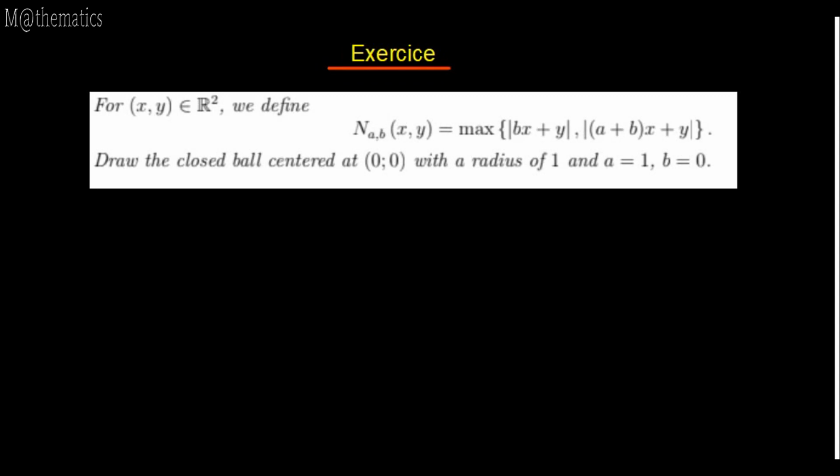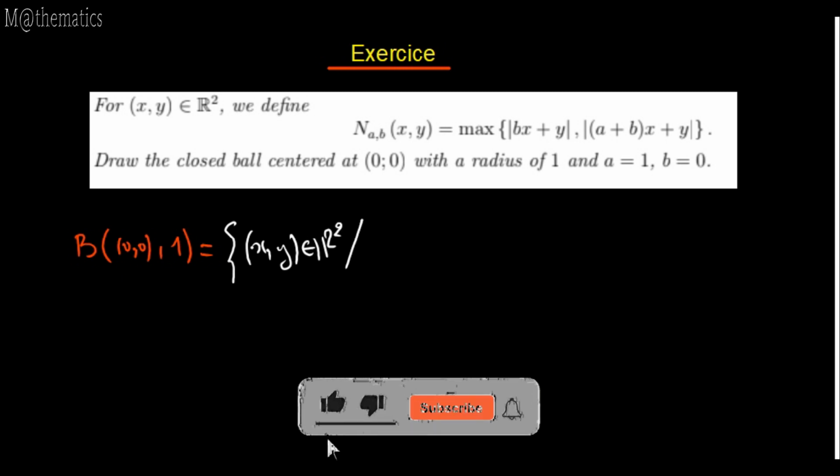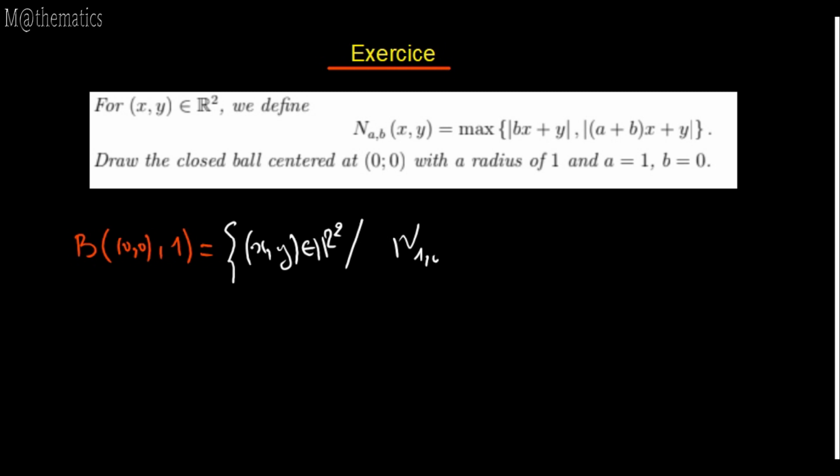Then I can immediately write that the ball of center (0, 0) and radius equal to 1 is the set of (x, y) in R² such that the norm with a equal to 1 and b equal to 0 of (x, y) is less than or equal to 1.